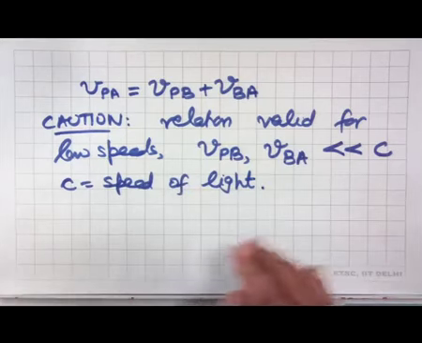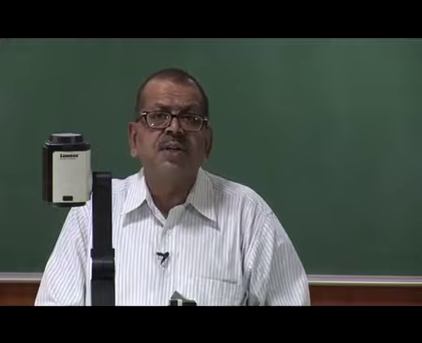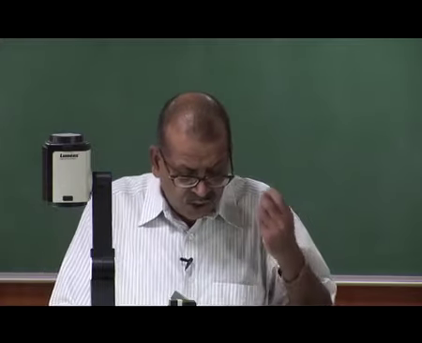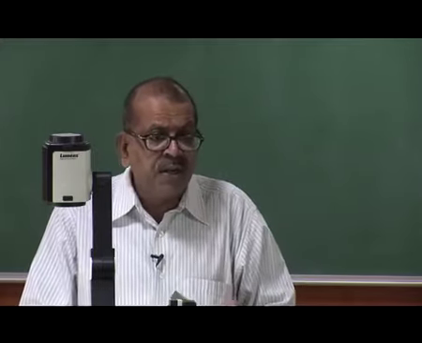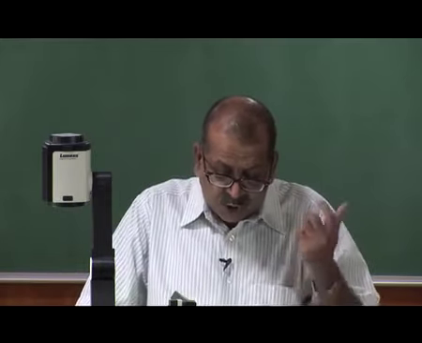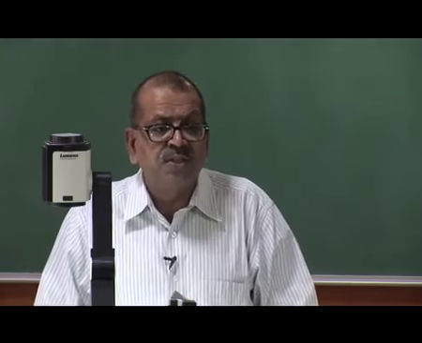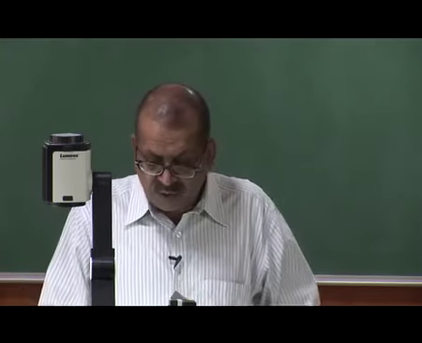If the magnitudes approach the speed of light, then this relation does not work, and we have to use the theory of relativity to work this out, because when we approach the speed of light, what the theory of relativity tells us is that nothing can have a speed which exceeds the speed of light. So, we have to be careful.